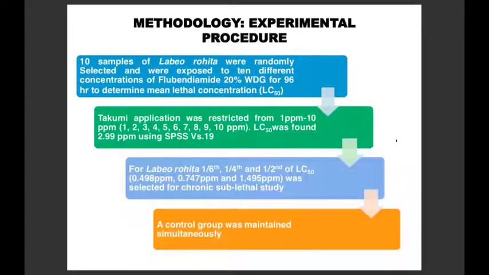We exposed 10 samples to different concentrations of the insecticide flubendiamide in a long-term study, applying 10 different ppm concentrations, and the LC50 was found to be 2.99 ppm. We did the analysis through SPSS version 19, and for Labeo rohita we selected 3 sublethal doses: 0.498 ppm, 0.747 ppm, and 1.495 ppm.